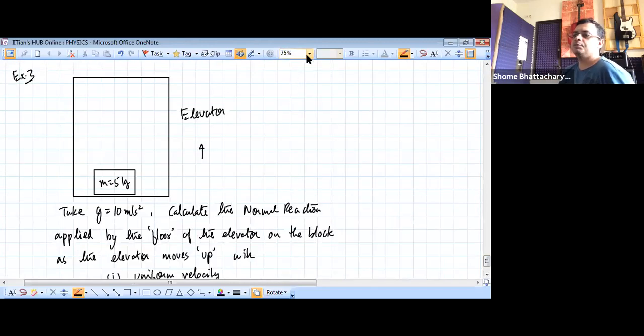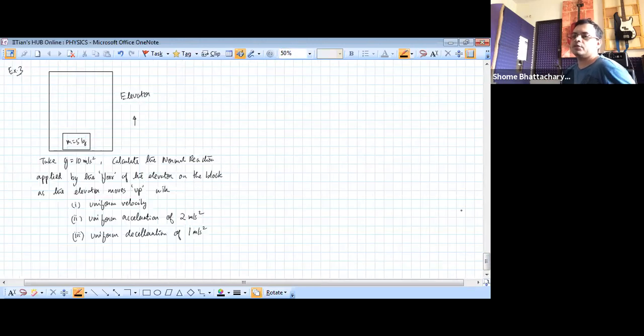So now just apply Newton's second law in each of the cases and figure out how much the normal reaction is. Okay. This is going to be an example where there is some acceleration involved. In the second and the third case, there is some acceleration involved. You'll see how normal reaction acts on an accelerated body. Yes, obviously the first case is 50 newtons.